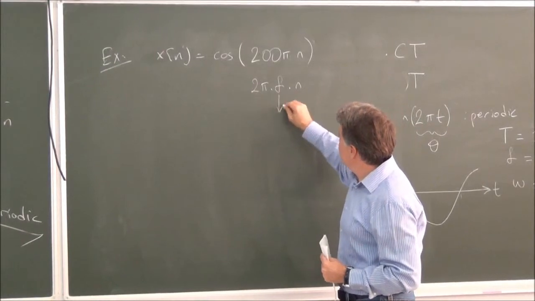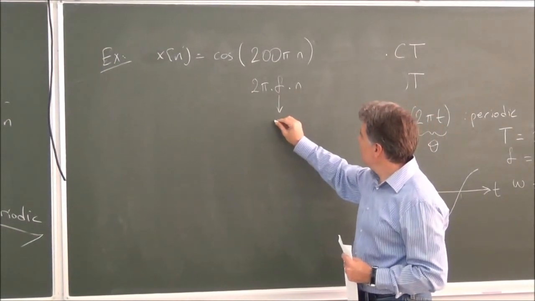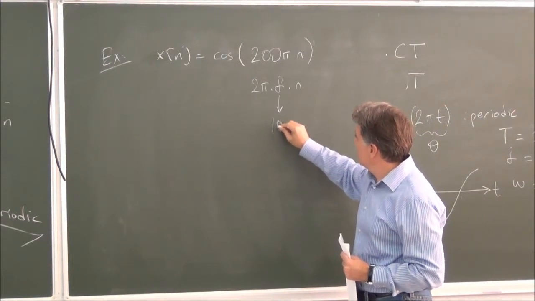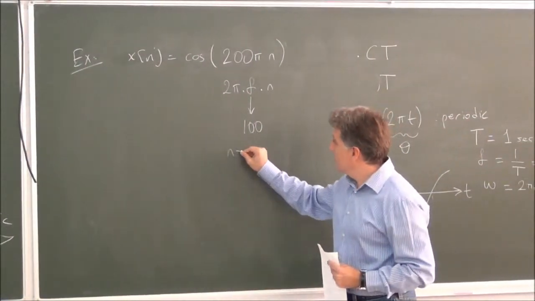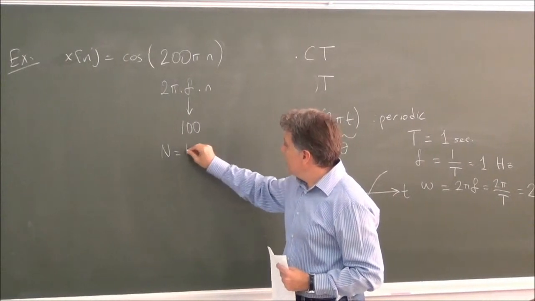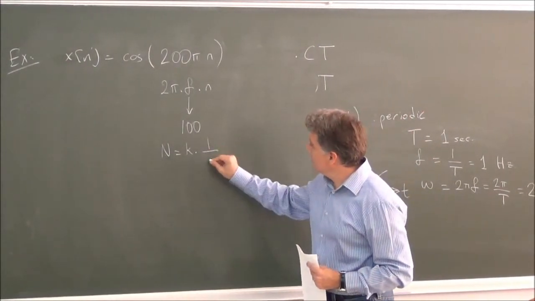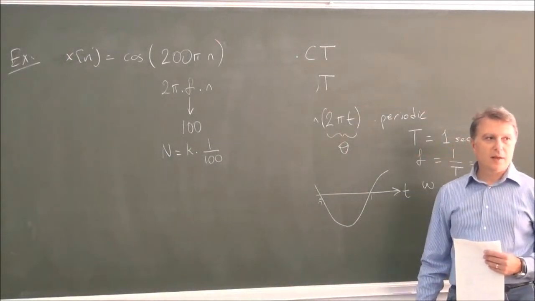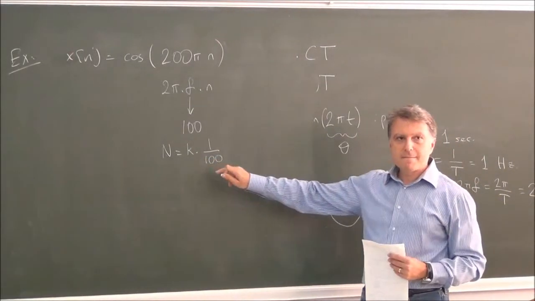And from here, when you pick this f, it makes 100. And the period is therefore the smallest integer k which makes k over 100 an integer. And what is the smallest integer k here? It's 100.